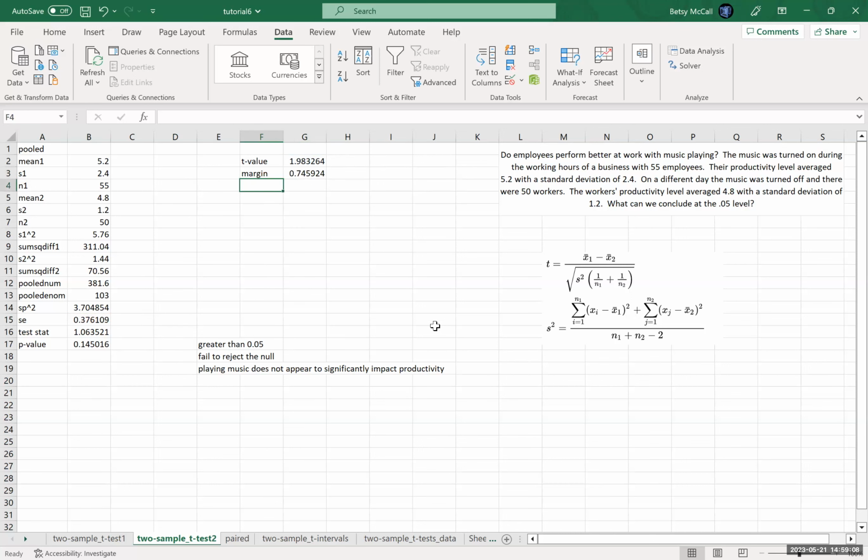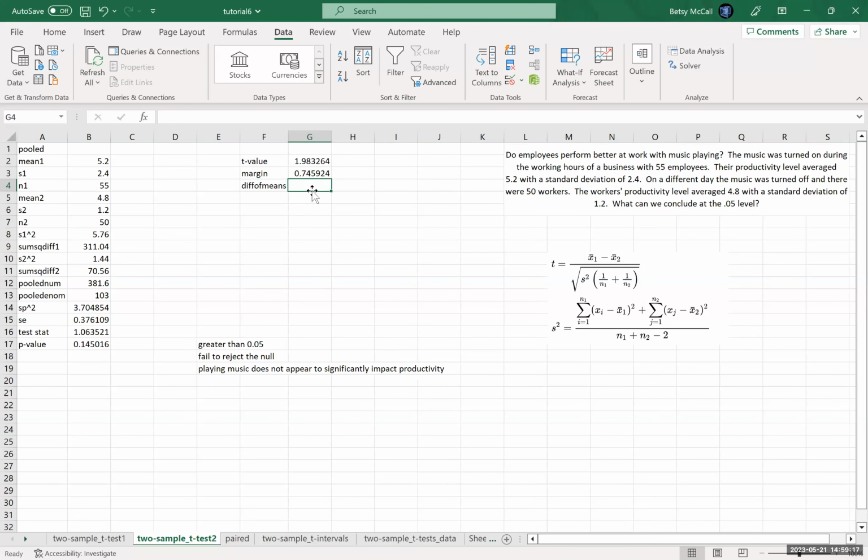And then the difference of means, you have to do that because that's the center of our distribution: 5.2 minus 4.8. And then lower and upper is going to be the difference minus the margin of error and the difference plus the margin of error.